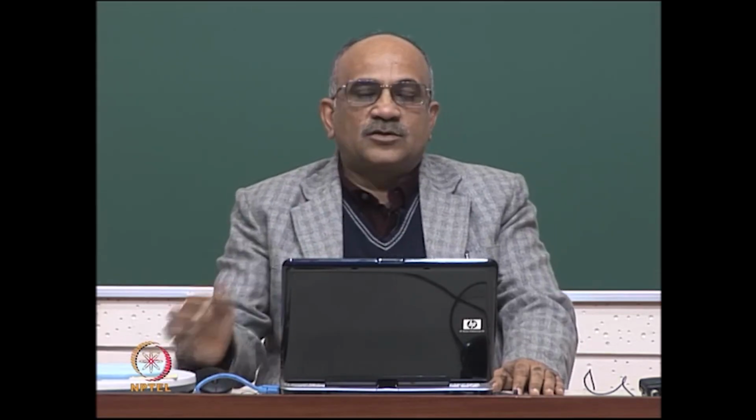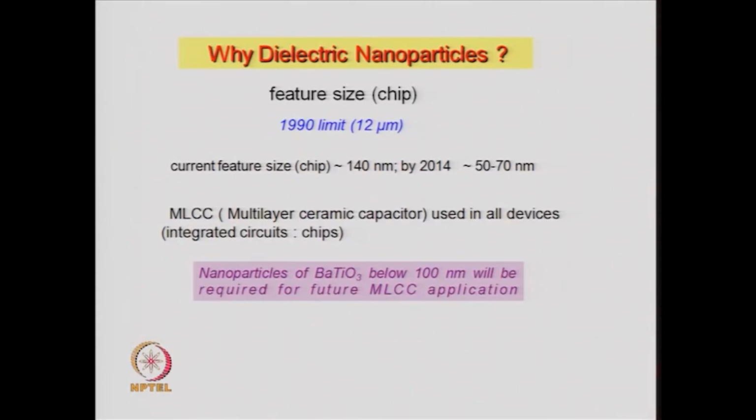And in today's lecture we will specifically see what kind of variations occur in the dielectric properties of nanostructured materials. So, why does one need to discuss dielectric nanomaterials, or look at the applications of dielectric nanoparticles? The most important thing is that most electronic devices, like computers, image processing devices, digital cameras etcetera, have integrated circuits or chips which have many dielectrics involved.